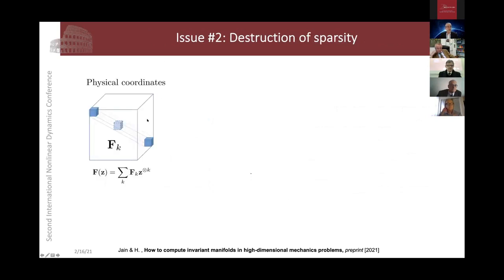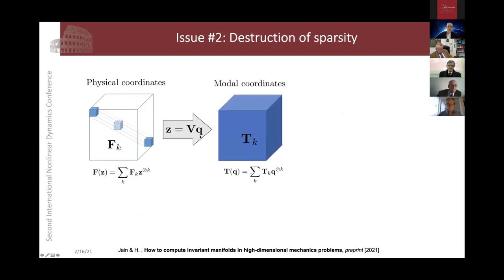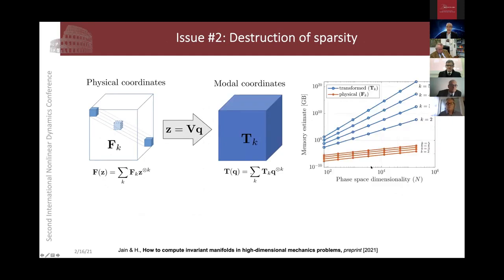The other thing is the destruction of sparsity. In original physical coordinates, the nonlinearity, which is a tensor that stores all the coefficients of nonlinearity, is nice and sparse. But with that modal transformation that puts you in diagonal form, you make it full. As a result, with the phase space dimensionality, again, say going up to 1 million, the storage space that you would need for this transformed nonlinearity, say at order 2 already, quadratic, but at cubic is 10 to the 10.